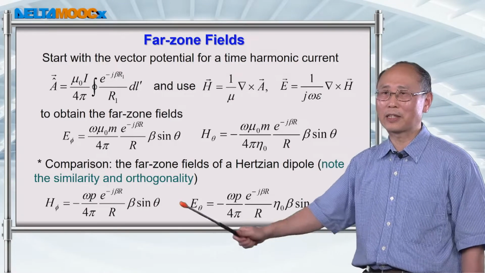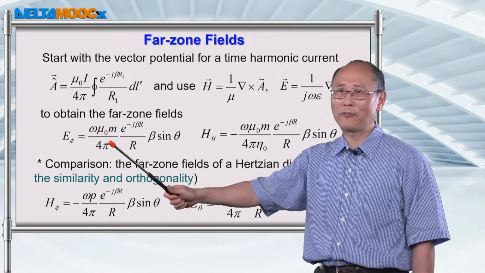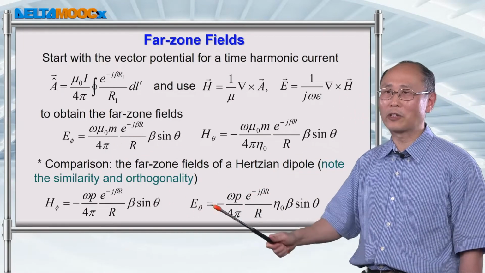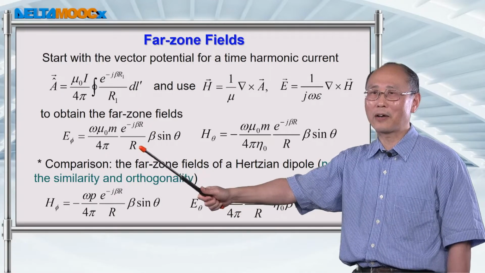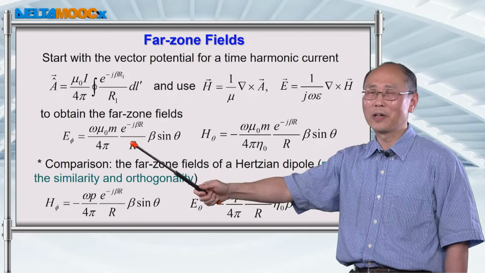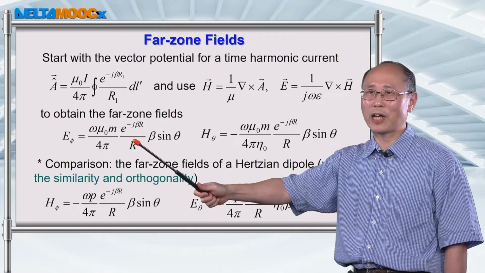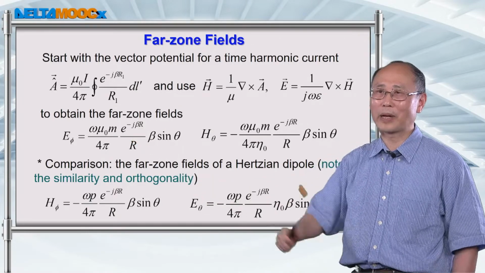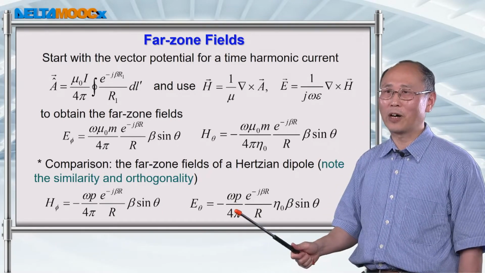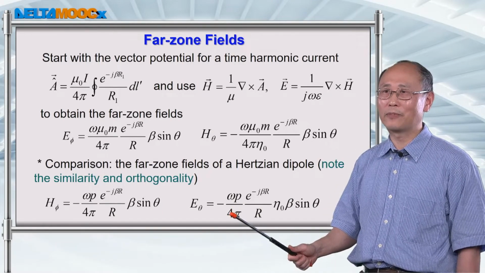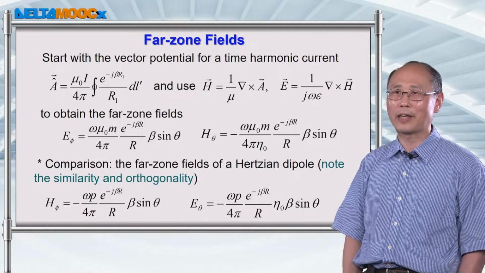Also, you can see that the field components are orthogonal to each other for these two cases. For example, the phi component of the electric field is dominant for the magnetic dipole antenna, but the theta component of the electric field is dominant for the Hertzian dipole antenna.